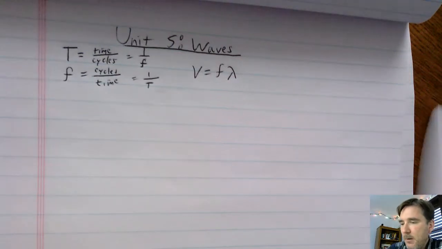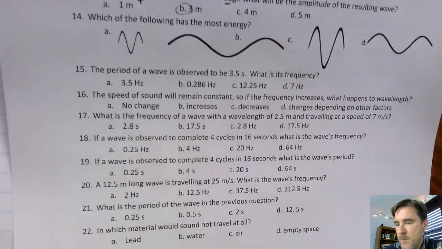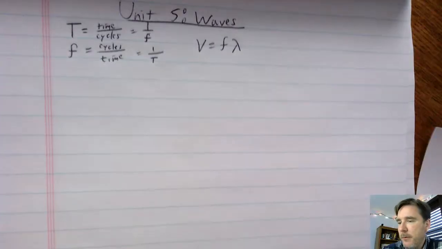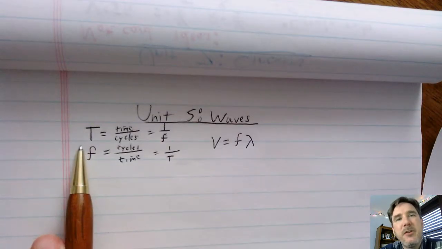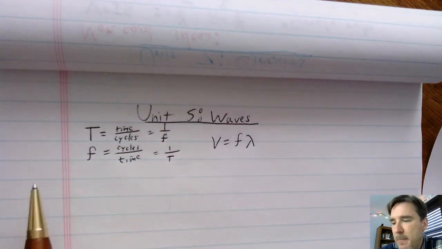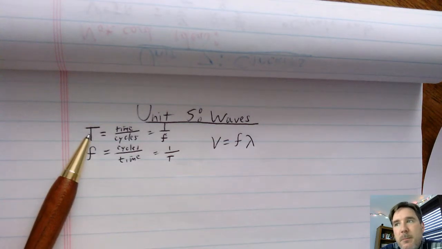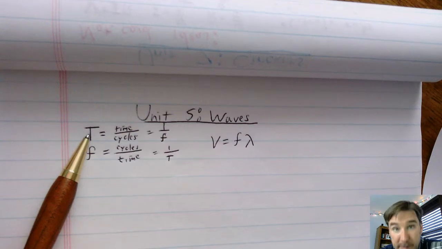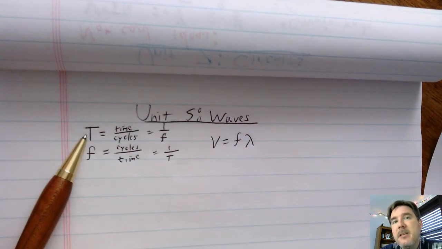All right. Actually, there's a little bit more. Before I go any further, I do just want to say, this kind of goes without saying, but I should say it anyway since this is the review session. It's going to be super helpful if it's second nature to know what all these letters mean. You shouldn't have to think about the fact that capital T stands for period.